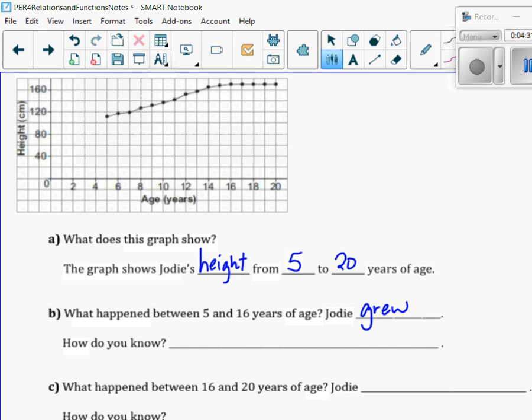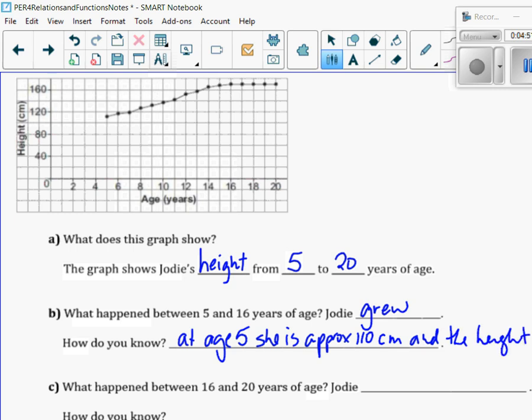Well, yeah, so you could say at age 5, she is, what is she about? 110 centimeters? Approximately 110 centimeters. And the height increases until age 16.